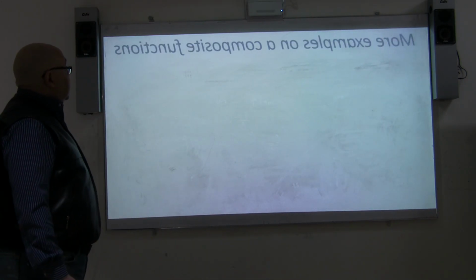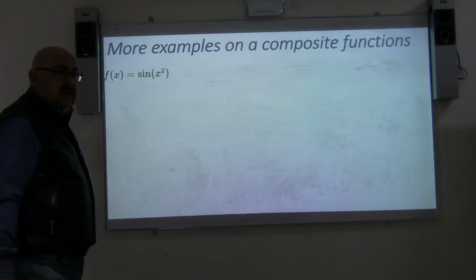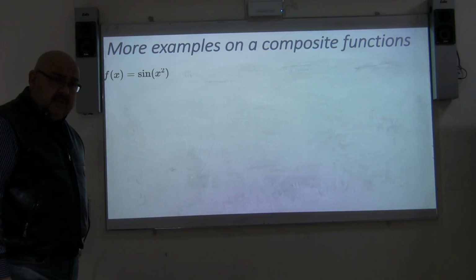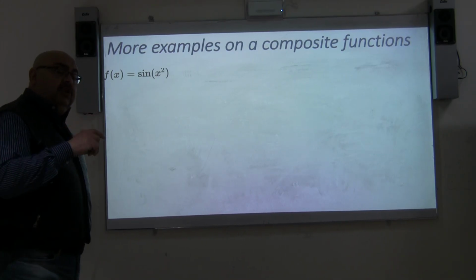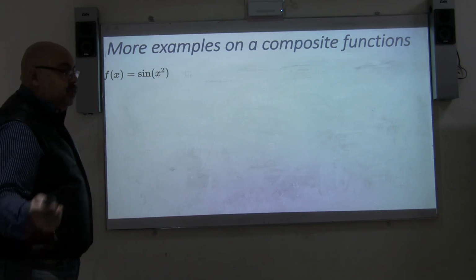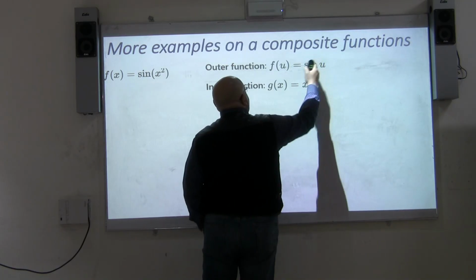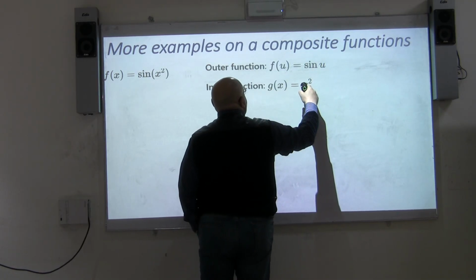Also, the concept of composite functions, like this one, sine of x squared. I have an outer function which is sine, and the inner function which is x squared. So if I want to differentiate, it's sine of u with u equal to x squared.